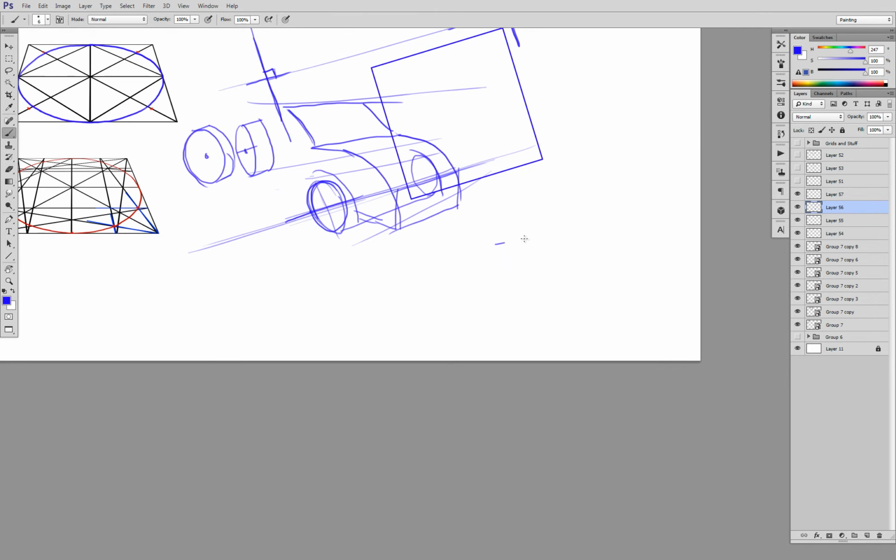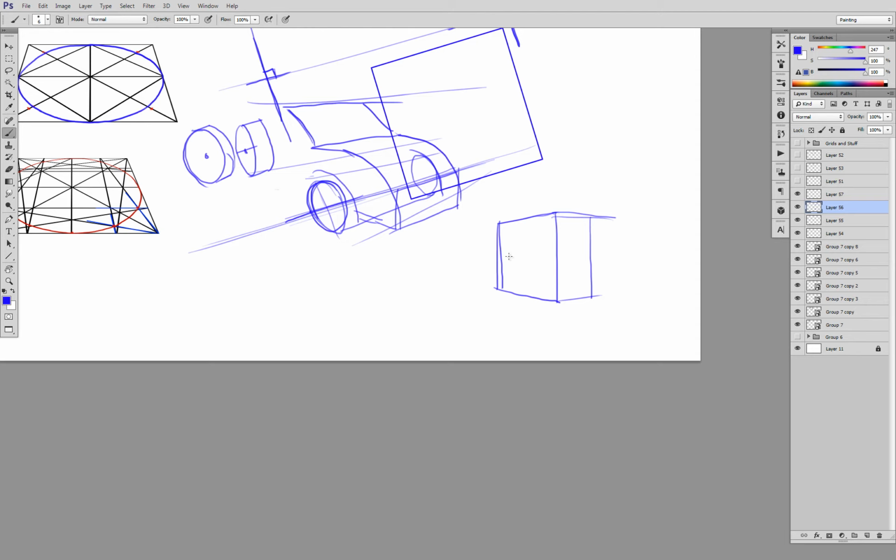But the other thing is, say we have a simple box, like this. And we say, okay, this simple box is going in perspective like this. Again, this might not be a perfect square, which would mess this up, but we'll have a go.